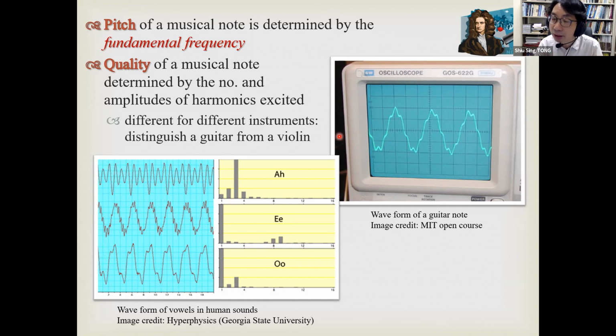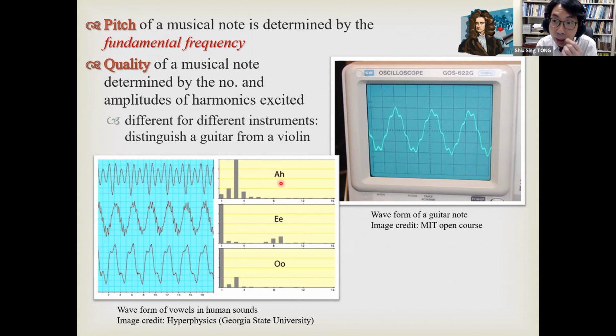But the violin middle C sounds very different from a guitar middle C. Although they are both do, they sound quite different because of the difference in the harmonics. So the quality of sound is different for different musical instruments, even though the fundamental frequency, the pitch, is the same.